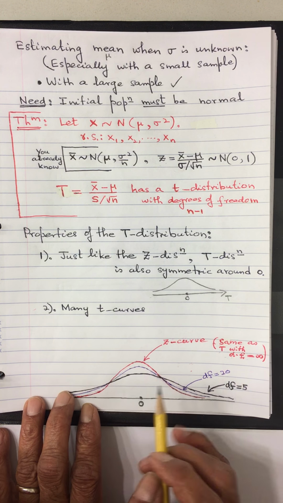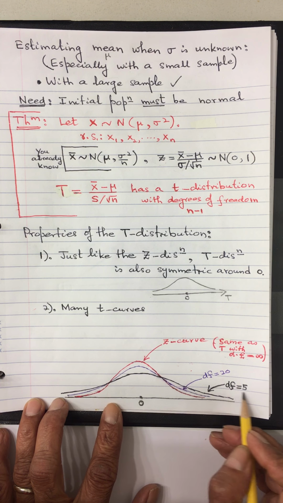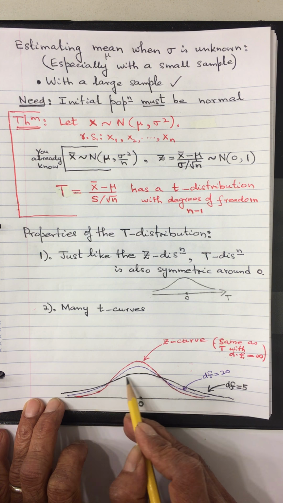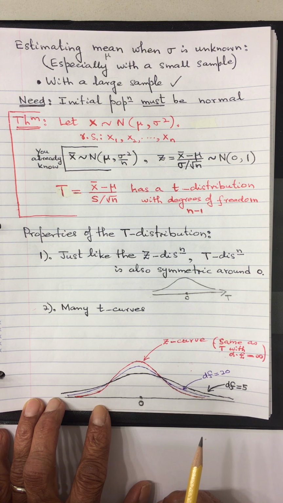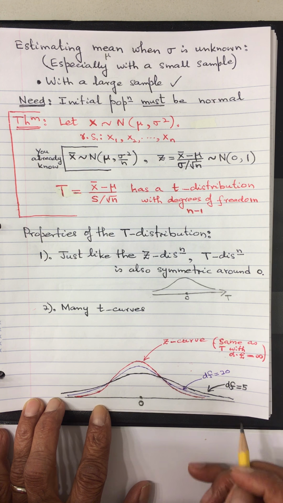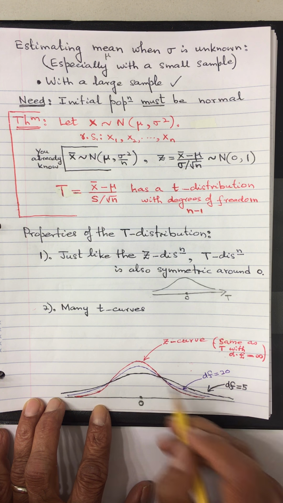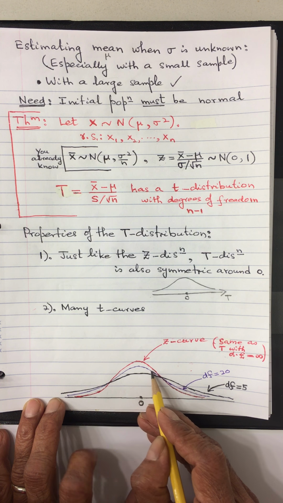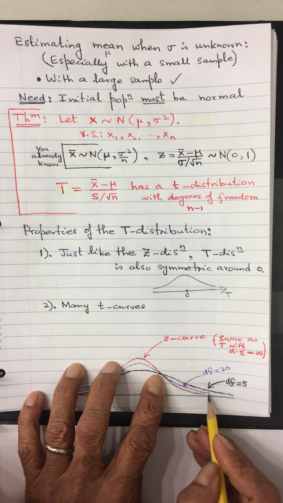For example, say the black line is the t distribution with degrees of freedom 5. If you increase the degrees of freedom, say to 10 or 20, for example 20, the purple line is the t curve with degrees of freedom 20.